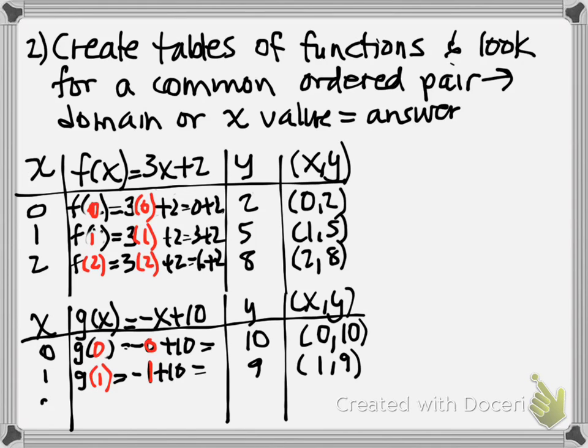And so let's try 2 on this one. And the function g at 2 is equal to the negative of 2 plus 10, which equals 8. And what you notice, we finally have a match.